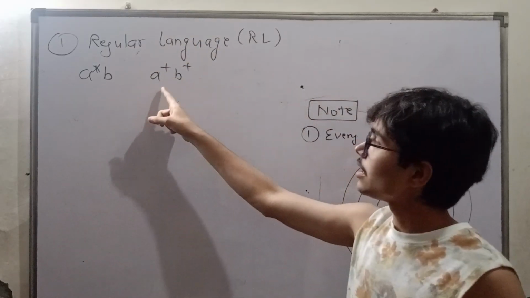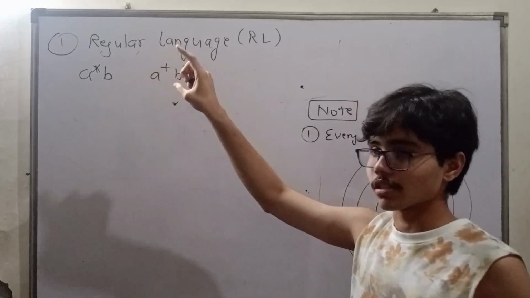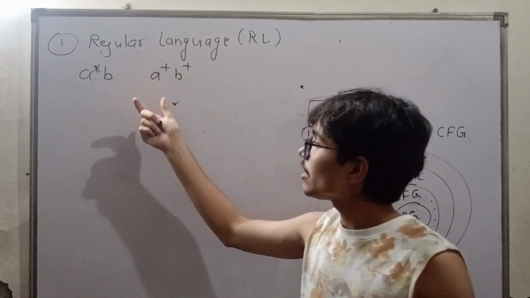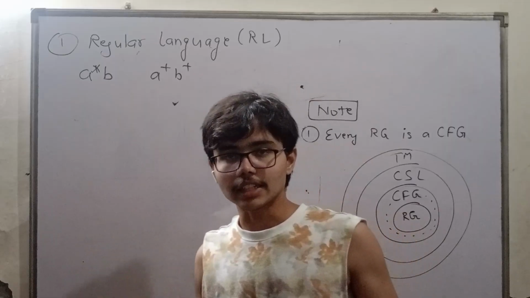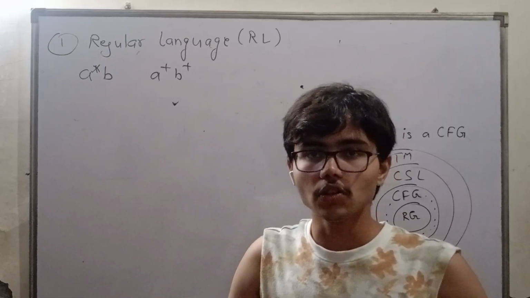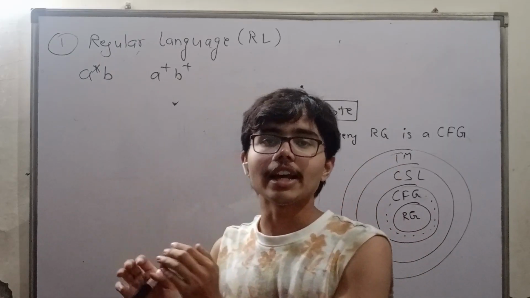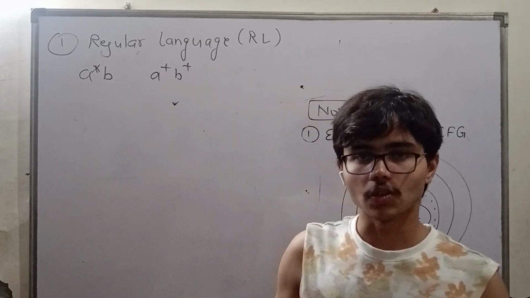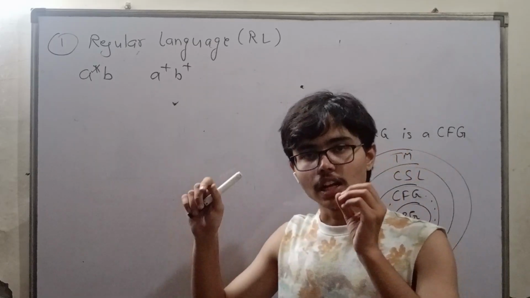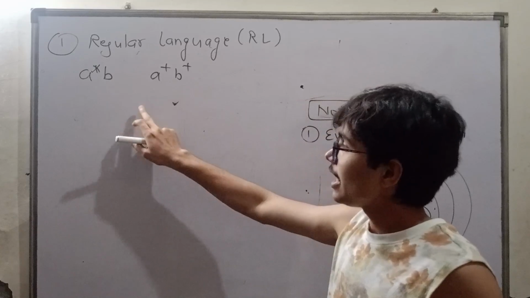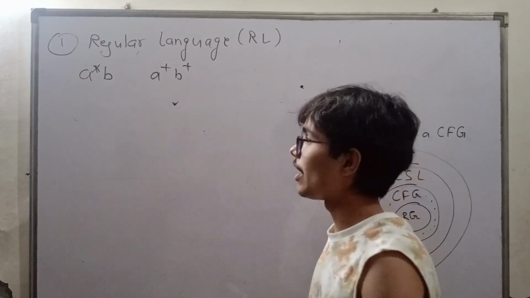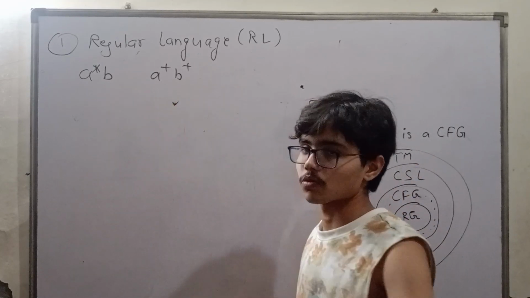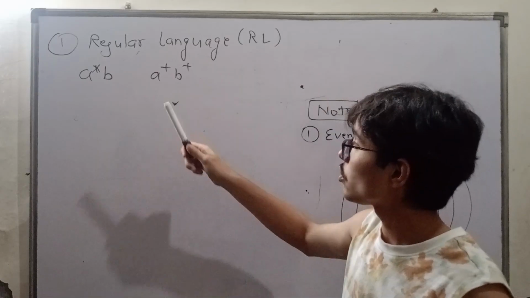So these are the regular languages. When you create a DFA of anything, you know there must be a finite number of states present: 2, 3, 5, 10, 15, 100, 200. Finite states must be present here also, and it does not require memory.